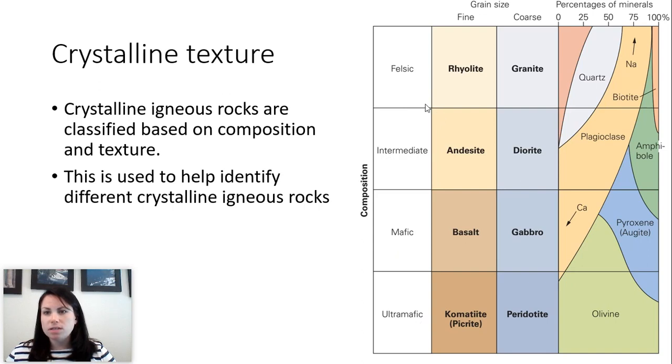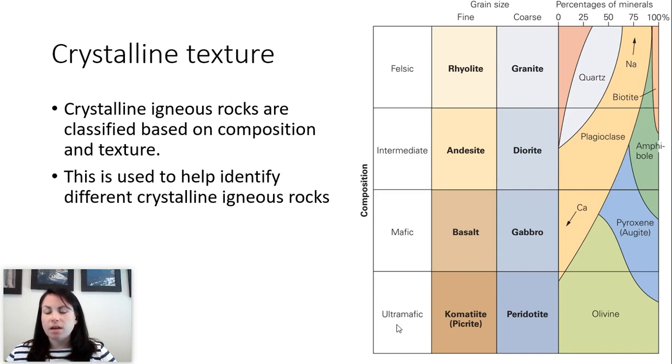These mean the composition. Generally when we say things like felsic, we're looking at how the majority of the minerals in that rock are quartz. Maybe you see a little bit of plagioclase, that's this orange-ish color here.